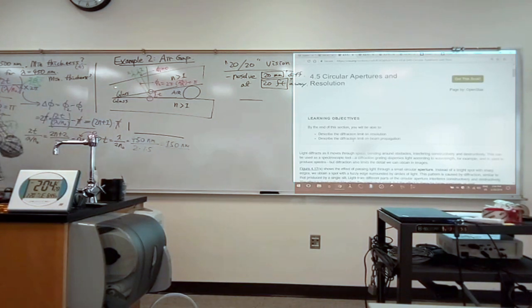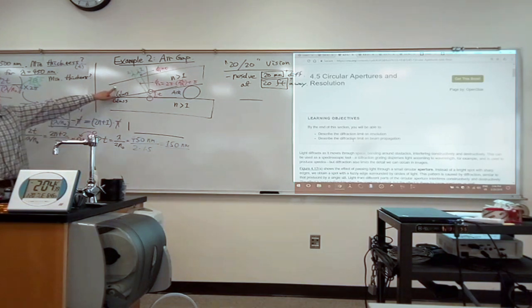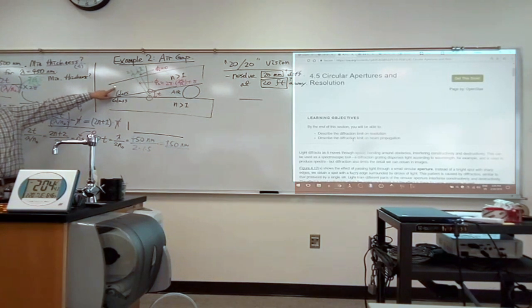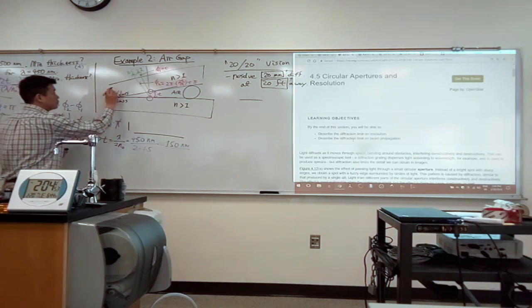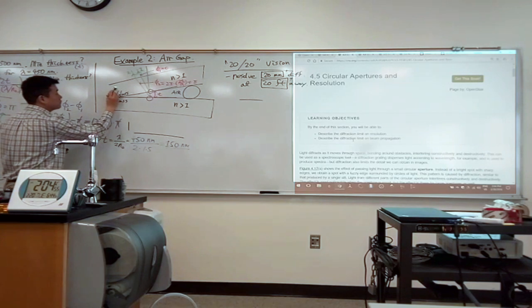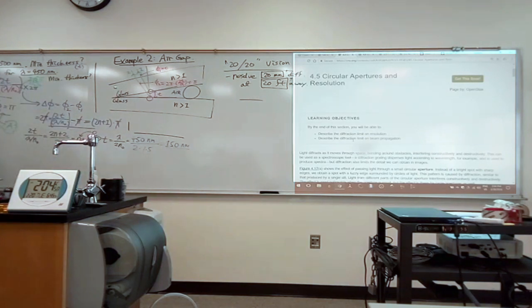If I use a slit that's half the size of the other one, then it broadens out to about double of what it was before. And if I make the slit even smaller, then this is now the central maximum.